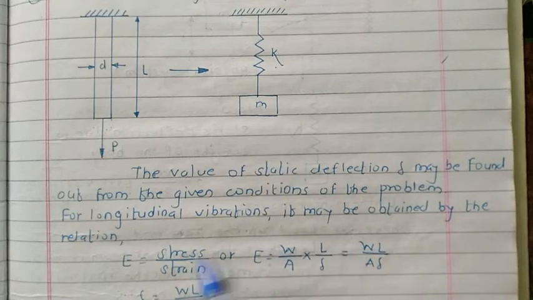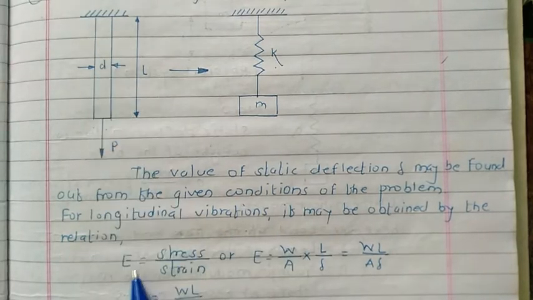Strain is the change in length divided by original length, so here we get delta divided by L, and L goes in the numerator. In this way we can get the relation for E, which is the Young's modulus of the rod.